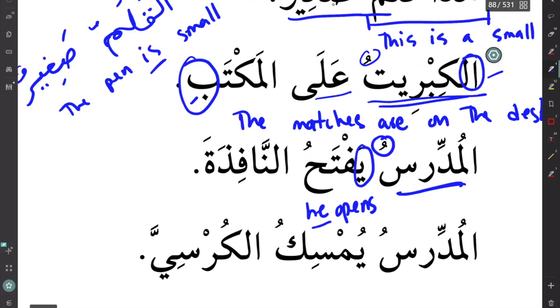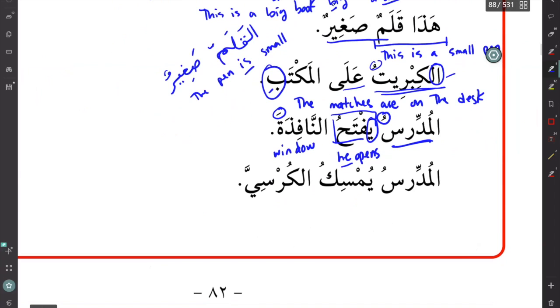Yaftahu nafidhata. Nafidha is window, right? So why do we have fatha on the window? Because this is the object of the verb yaftahu. So the mudarris is the subject. He is opening. What is he opening? He is opening the window, and window is the object. That's why it gets fatha. We studied this before, right?